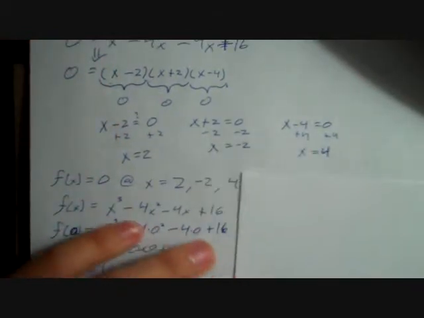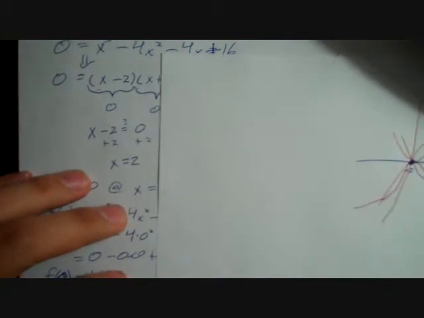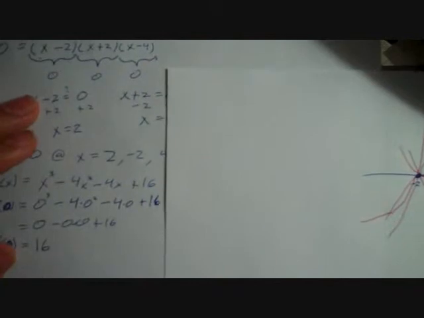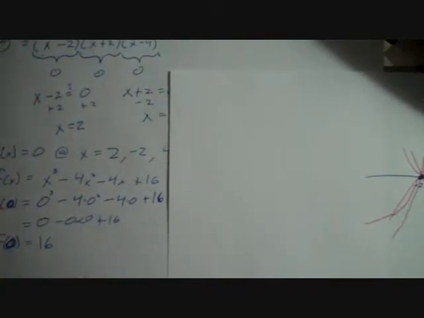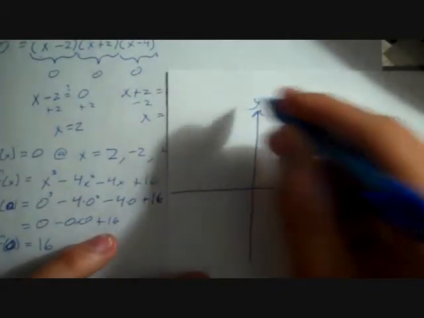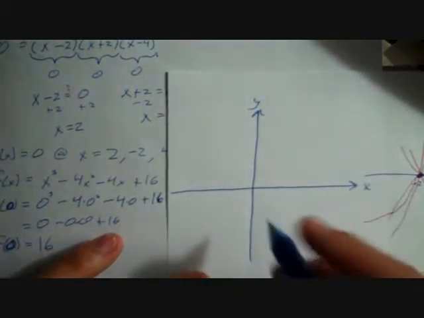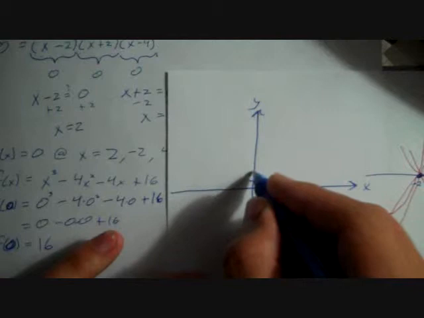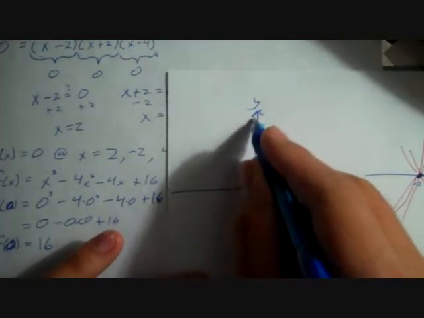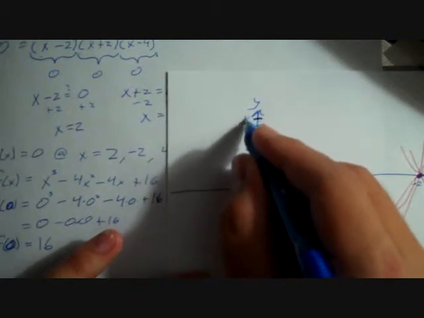So what does that mean for our function? That means if we wanted to graph it, going up from positive y, we would go up 1, 2, 3, 4, 5, 6, 7, 8, 9, 10, 11, 12, 13, 14, 15, 16, right here.